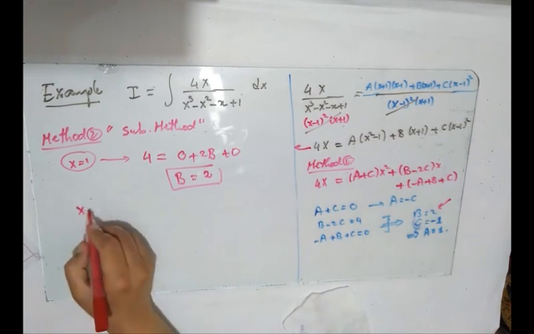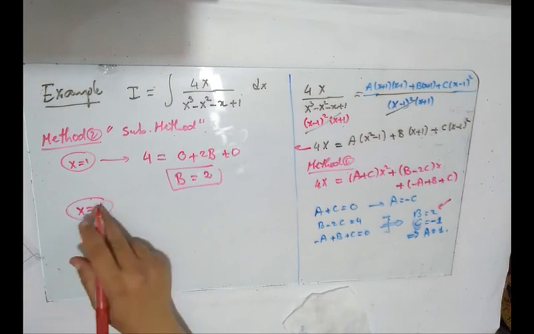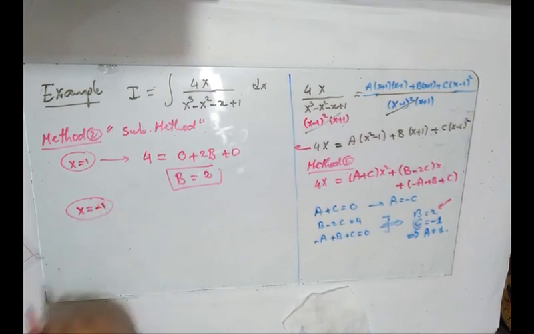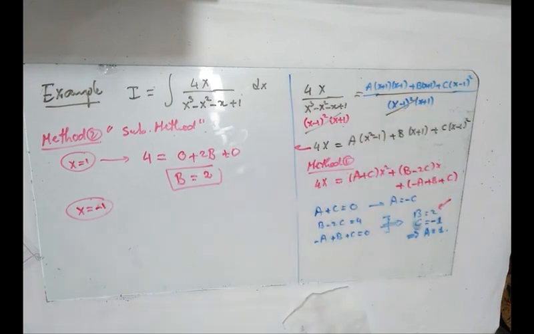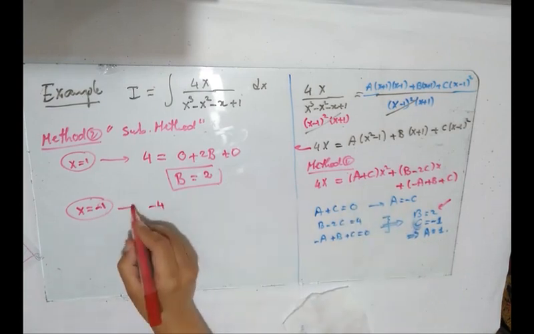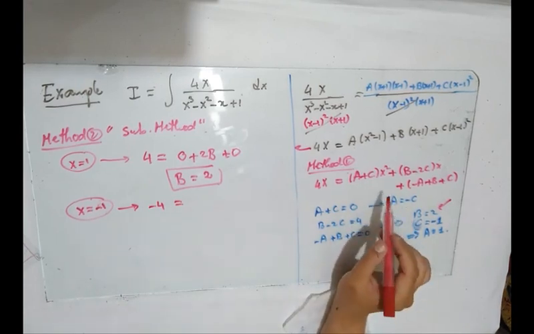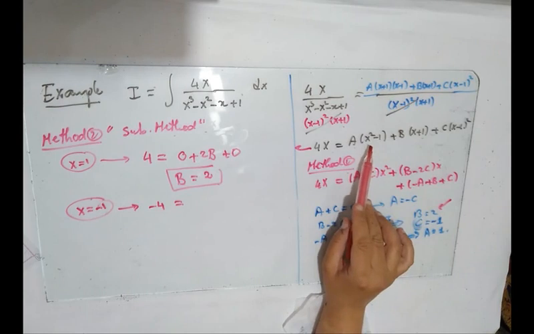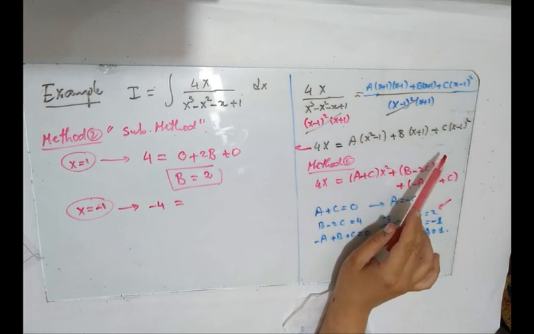And if you substitute the other zero of the denominator, which is negative 1, as you can see from this factor, so if you substitute x equals negative 1, the left hand side will be negative 4, and on the right hand side this again will be 0, because negative 1 squared is 1 minus 1, which is 0, and this will be 0, and the last one will be 4c.